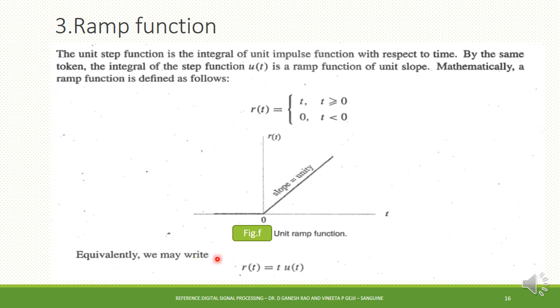Finally, we can write r of t is equal to t into u of t, where u of t is the unit step function. The unit step function multiplied with t gives the unit ramp function.